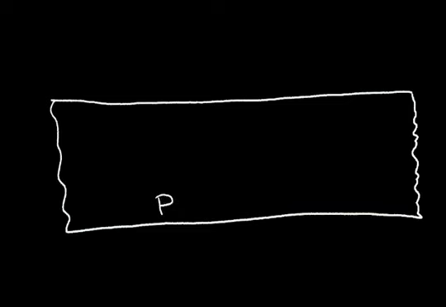Now let's presume that in this p-type material, I want to add an impurity. I want to dope this p region and change it to an n region. So I could put impurities into this region.